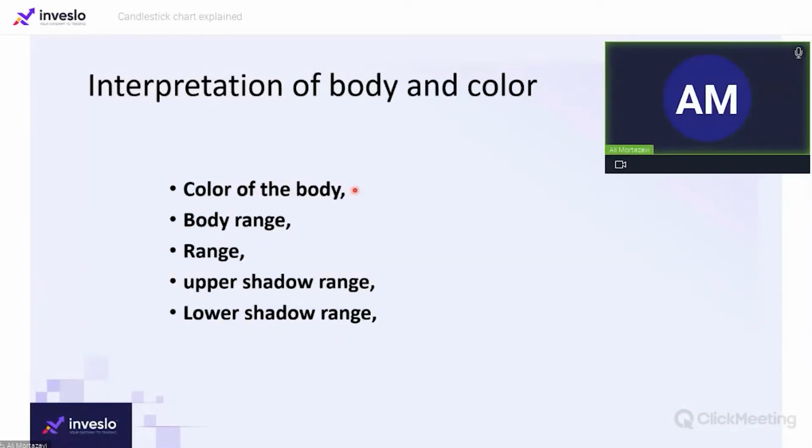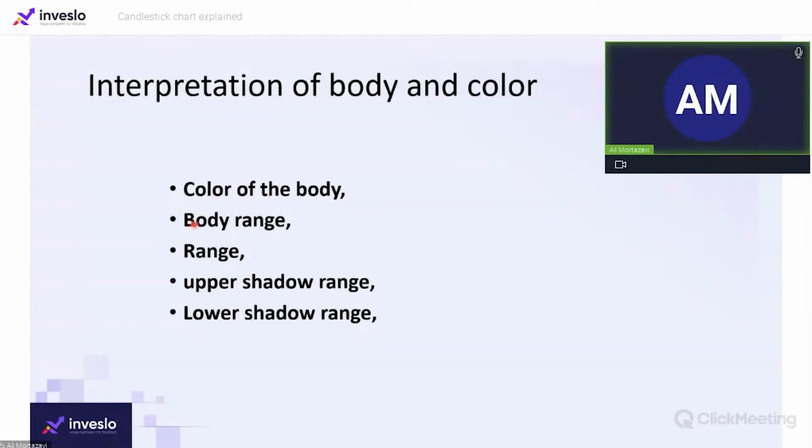As you saw, when we have a colored or filled body, it means the close price is lower, and the bears or sellers are in control of the session, and vice versa. When we have the higher close price, it means buyers are in control. So the first piece of information that we can extract from the candlesticks is the color of the body.